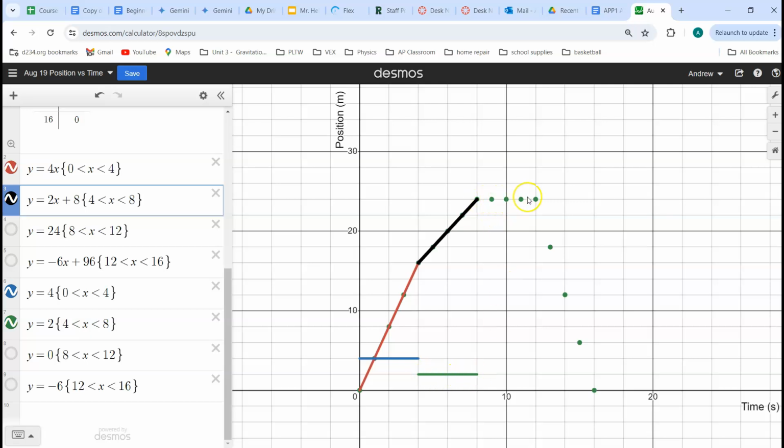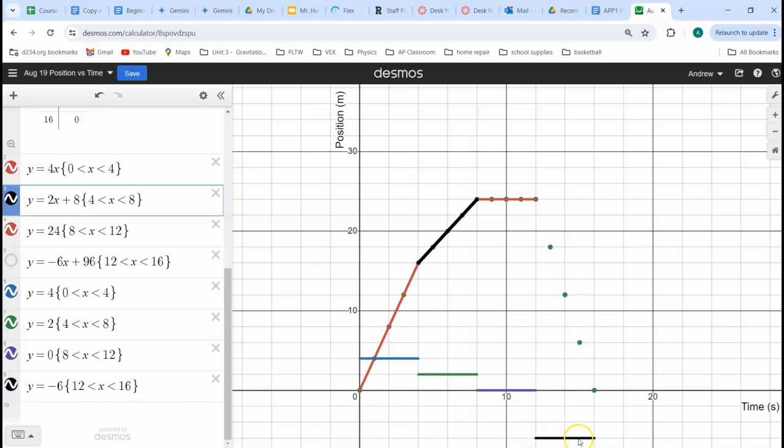For the third interval, the velocity was 0 because the position was not changing. So we'd have y equals 0 for this portion down here. And then finally, for the last segment, the position was decreasing 6 meters every second. So the rate was -6 meters per second. That was the velocity, and it was a constant velocity during the entire interval.